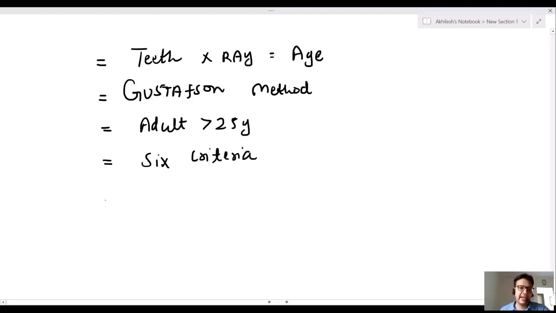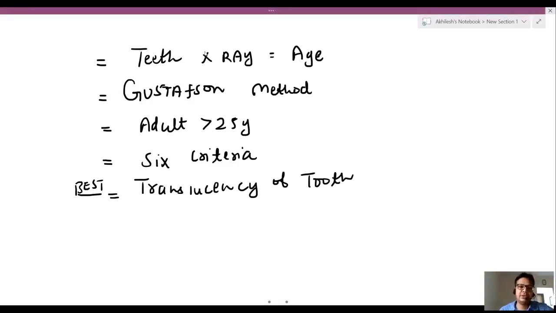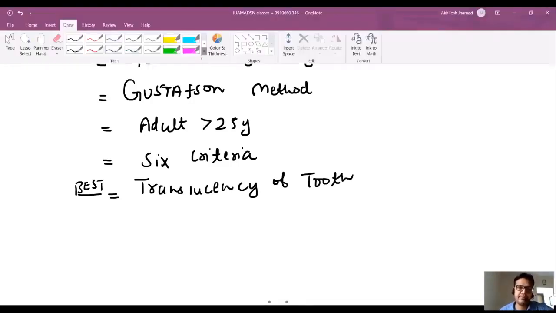Among the 6 criteria, the best criterion is translucency of the tooth.